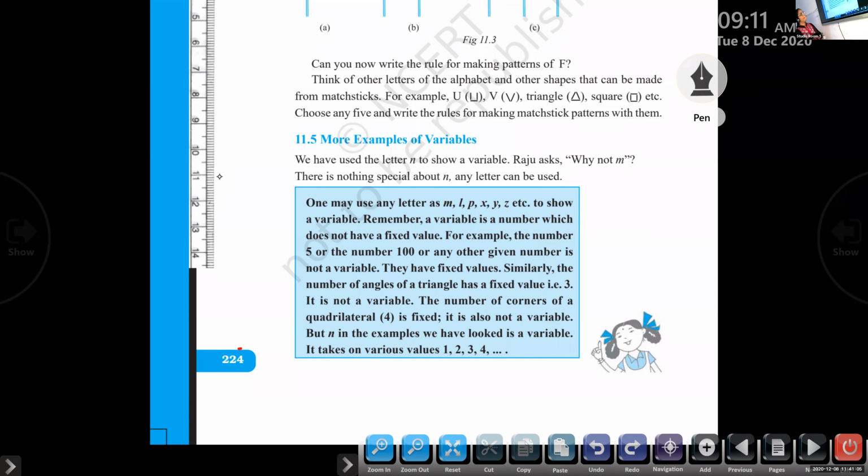Which one do you want to revise first? Fractions. Ma'am, fractions are more difficult than integers. Integers are very easy, so we'll start with integers first.